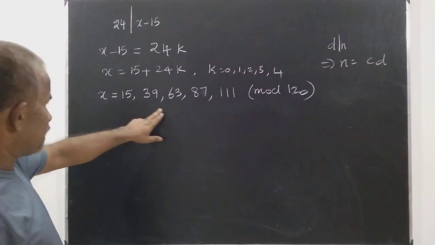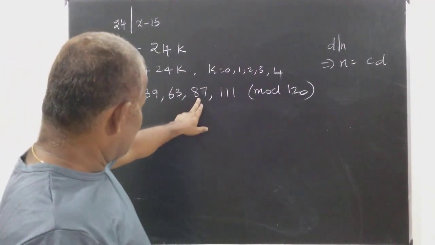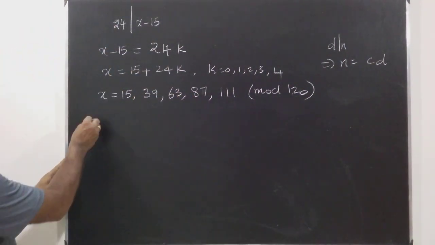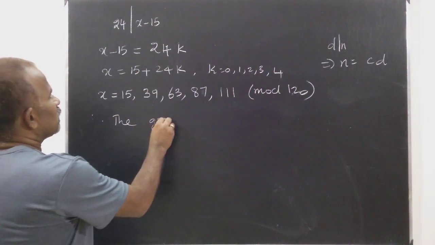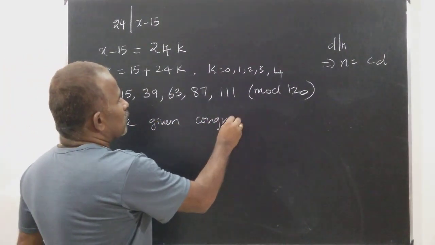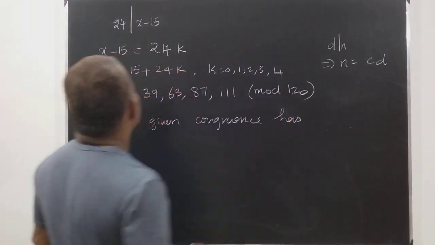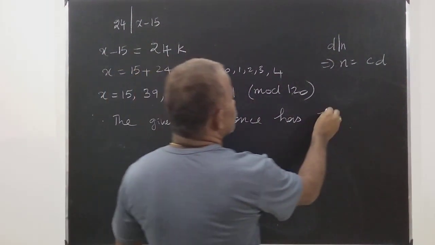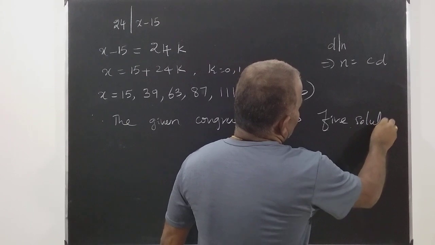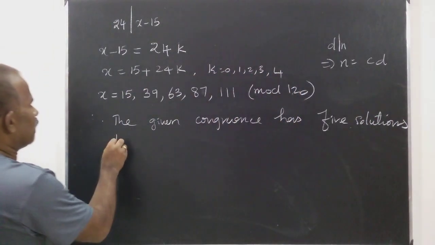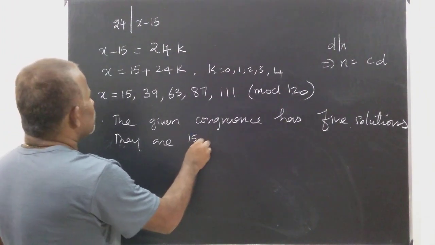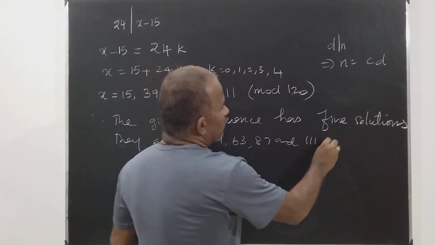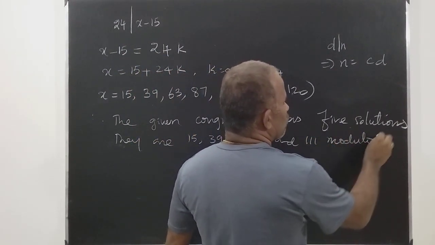So there are 5 solutions: 15, 39, 63, 87, 111 modulo 120. Therefore the given congruence has 5 solutions: 15, 39, 63, 87, and 111 modulo 120.